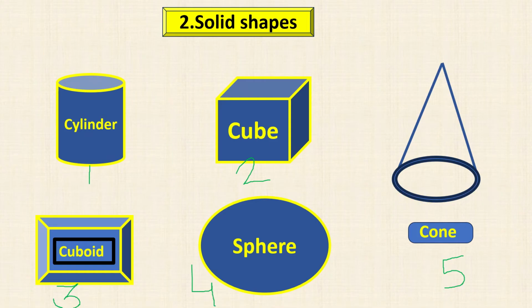Why are they considered solid instead of plane shapes? That is dealt with in class fourth and class fifth. It starts from class 2 with a little bit of a touch. But in class first, you just recognize these symbols when you look around you.